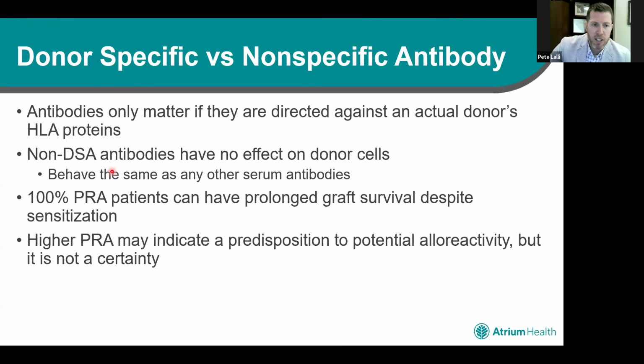So if we have a patient that is incredibly sensitized, they have a ton of different HLA proteins, all that we really care about is, does our patient have antibody against that one specific donor's HLA proteins? If they don't, another anti-HLA antibody that's not specific to anything that donor has is just another antibody that we have floating around. So it's going to impact the graft no differently than an anti-flu or an anti-COVID antibody is going to.